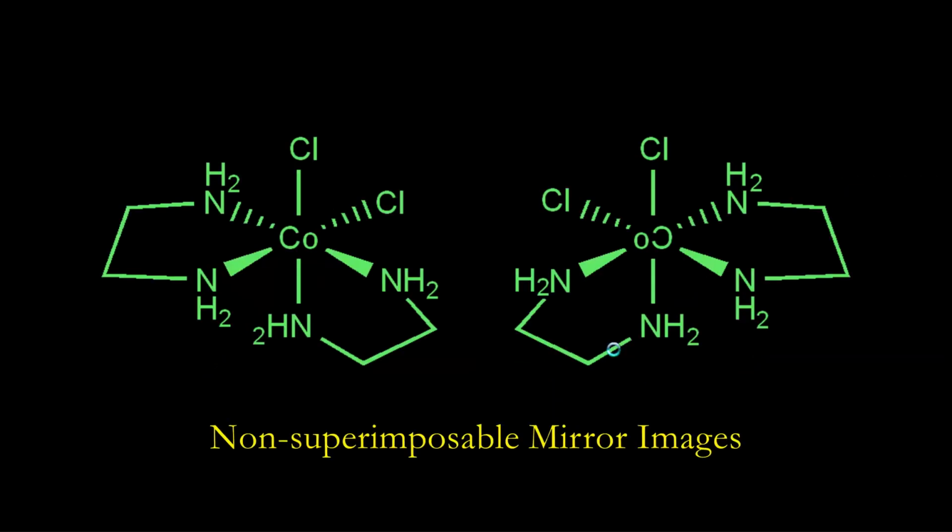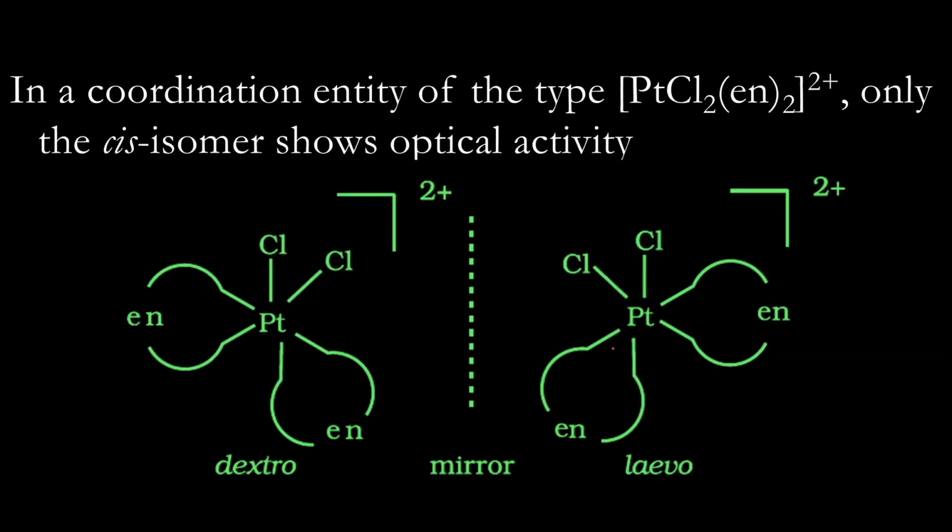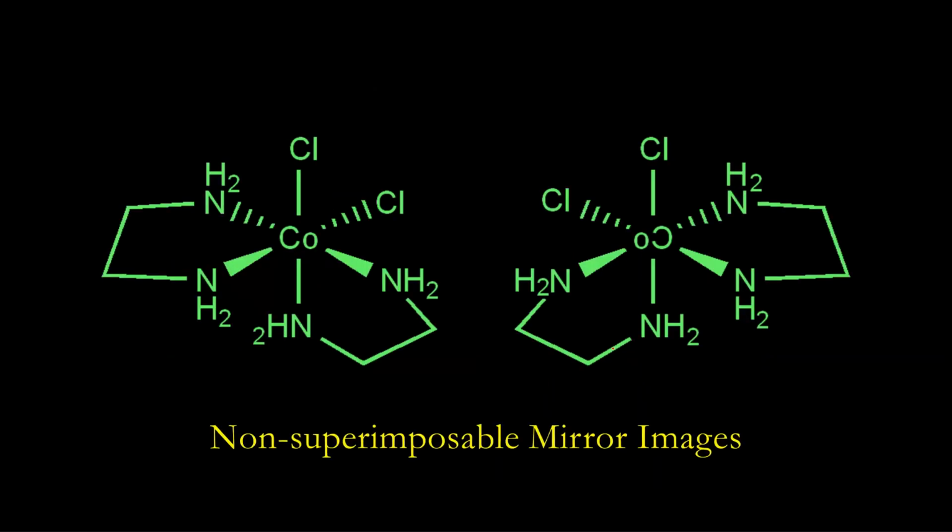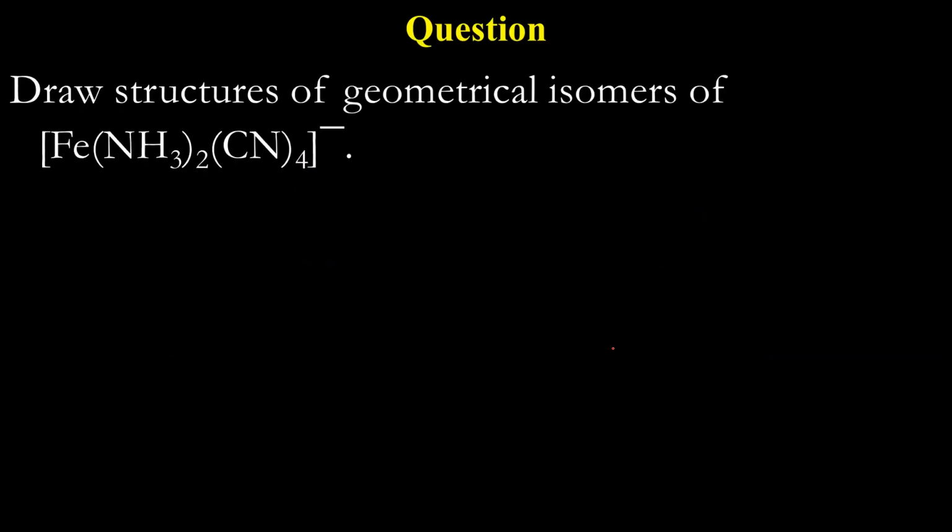Then we talked about that the cis form will show optical isomerism, non-superimposable. Then draw structures of geometrical isomers, because here we have 2 and here we have 4. It means this will form cis and trans. This is of M, A2, P4 type. You remember that?